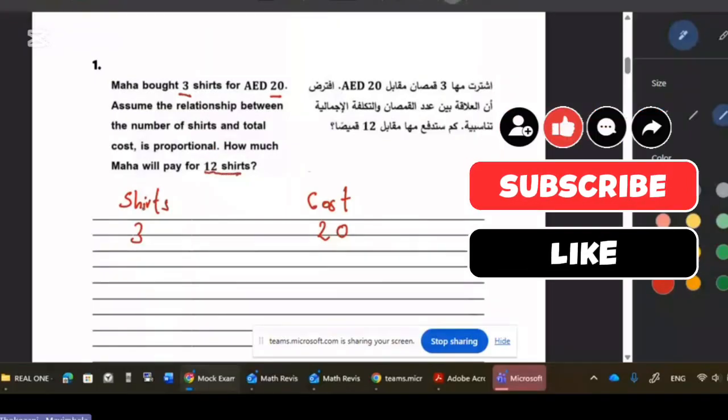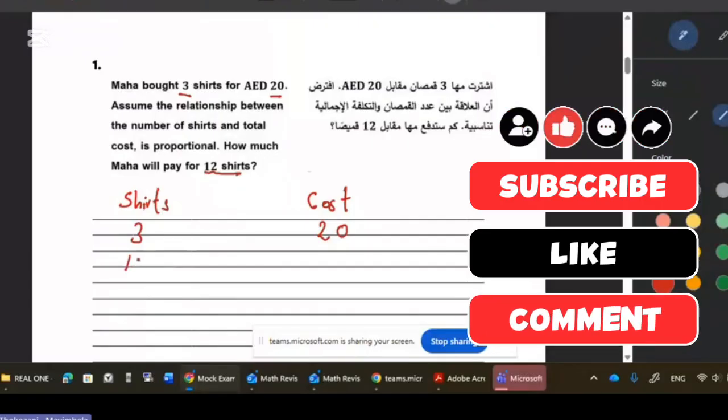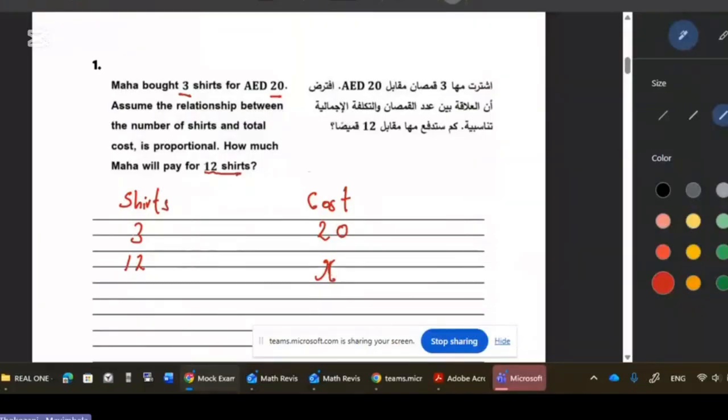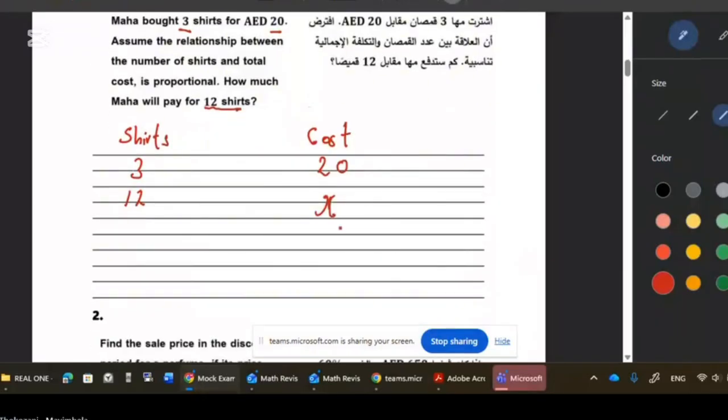So I'm going to write it here under shirts as well. And I'm going to write it here under cost, I don't know. What is the cost? I don't know. All right? So from here, I can now make a proportion.